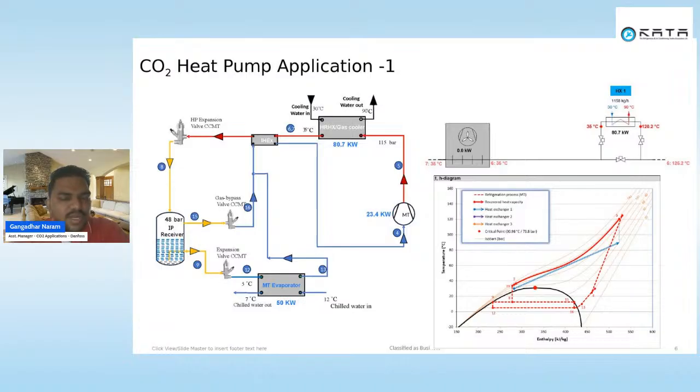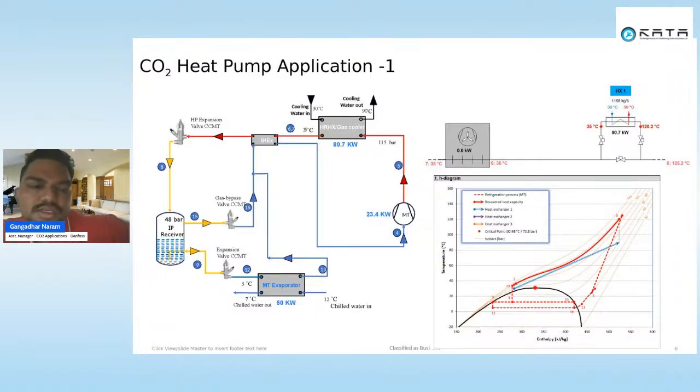Obviously 115 bar is above the critical point. At 115 bar, the discharge temperature, if you can see it on the right side, is nearly 120 degrees centigrade. Now there is a gas cooler load equal to 80.7 kilowatt, approximately 81 kilowatt.